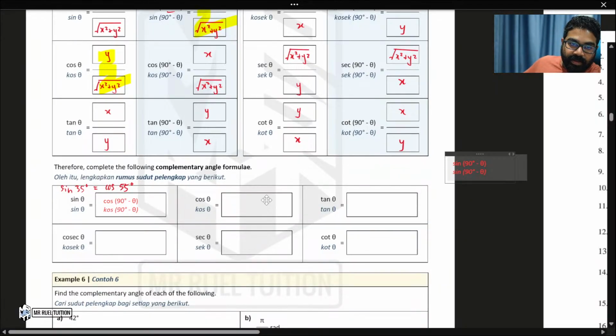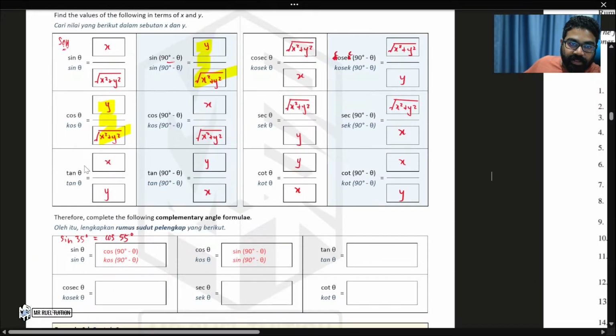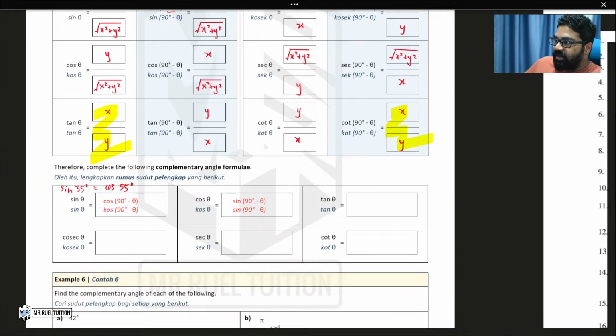Sama. Okay. What about tangent? Tangent sama dengan tangent of theta is equals to cotangent. Yes. Tangent is equals to cotangent of complementary.